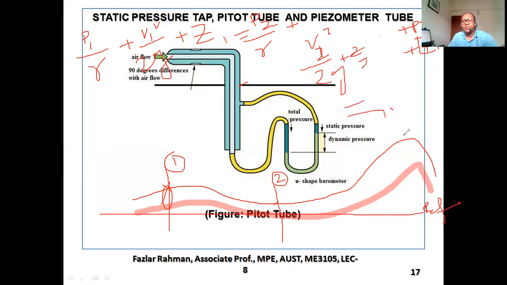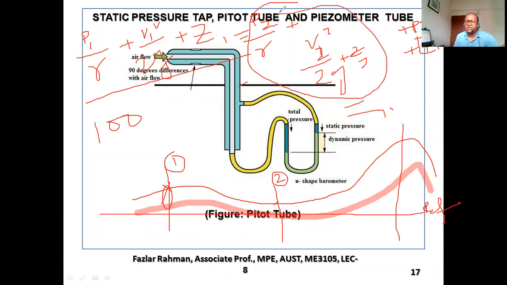And if you apply it right over here, then you say P3 by gamma plus V3 squared by 2g plus Z3 equal to a constant. Okay, so all three on the left side come to 100. Obviously, this summation has to be 100, so on the right side this will be 100.